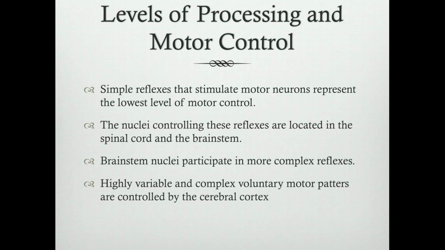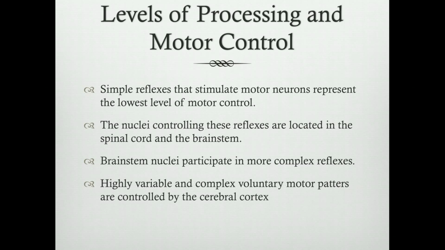Now, where information is processed and where motor controls are depends entirely on how complex that system is. Simple reflexes are going to be simple, and so they require the lowest level of motor control. So simple reflexes that stimulate motor neurons are going to represent low control. The nuclei controlling these reflexes are typically either in the spinal cord or the brainstem.